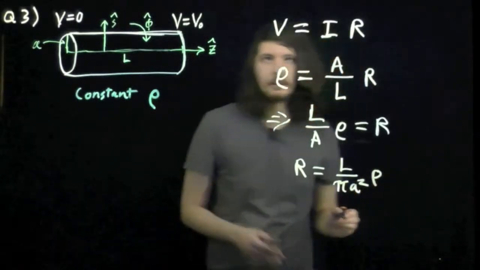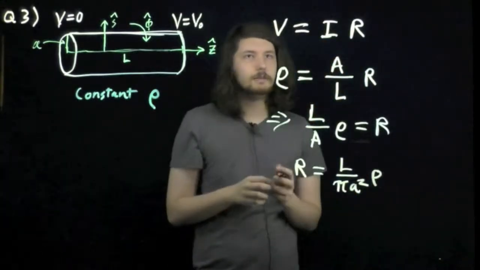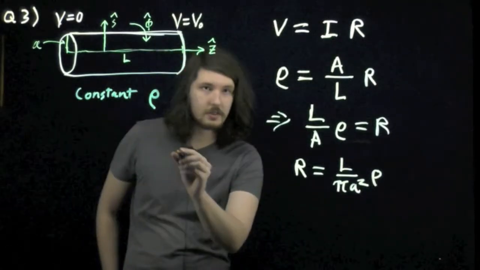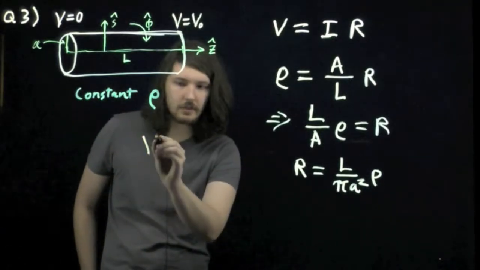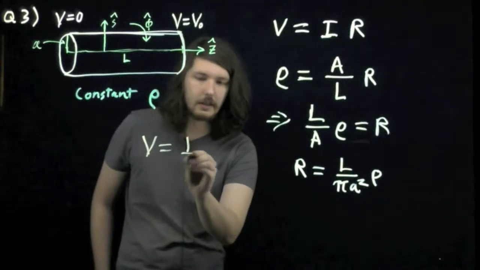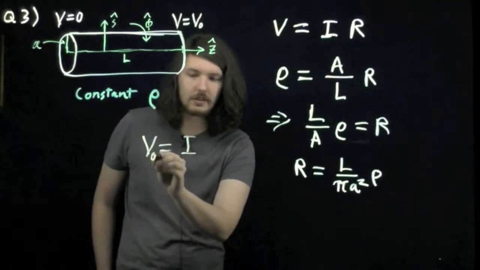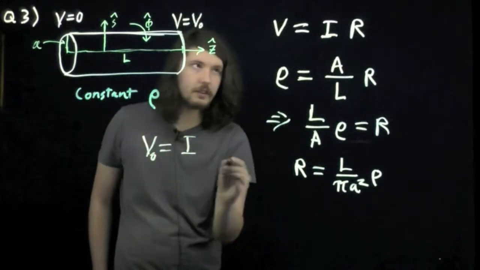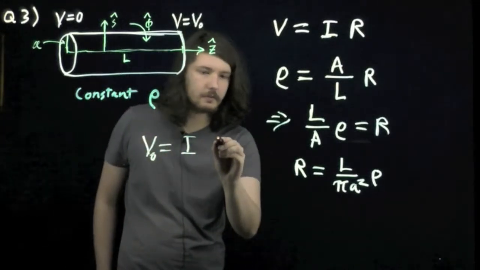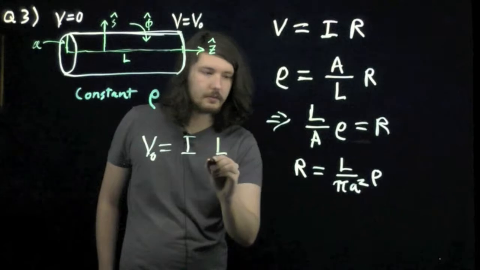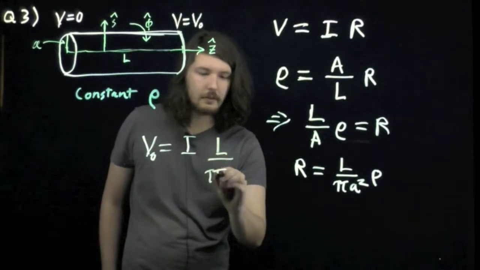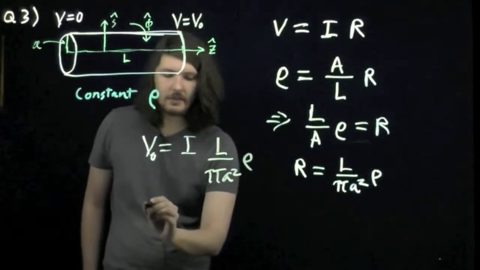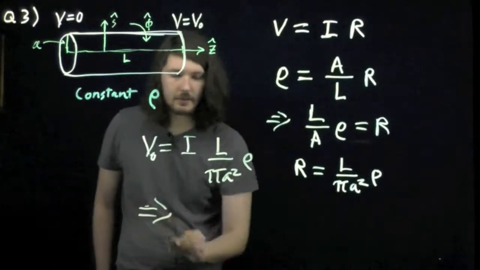And then from this, you can immediately get the voltage in terms of the stuff given. And we also know that this is equal to V naught, because that's where you have your V defined.